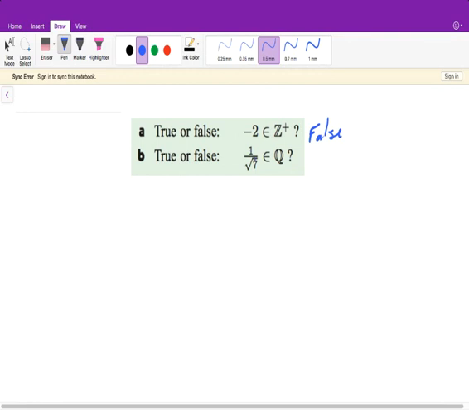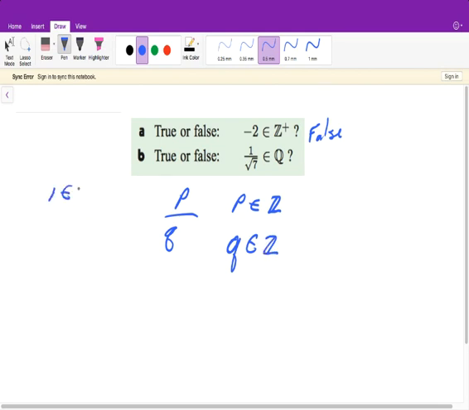And it says 1 over the square root of 7, is it an element of rational? Well, rational has to be a fraction, P over Q, where P is an integer and Q is also an integer. Well, here 1 is an integer, so that works, but the square root of 7 is not an element of the integer set.